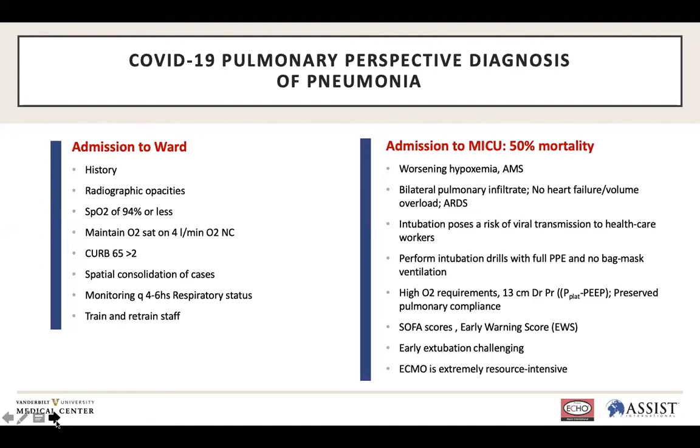They may be hypoxic to some extent, but able to maintain oxygenation and O2 saturation above 92 on 4 liters of nasal cannula. People use the CURB-65 algorithm to bring in patients with confusion, with uremia, with respiratory rate that's accelerated, or low blood pressure, or an age over 65 with a score over 2.